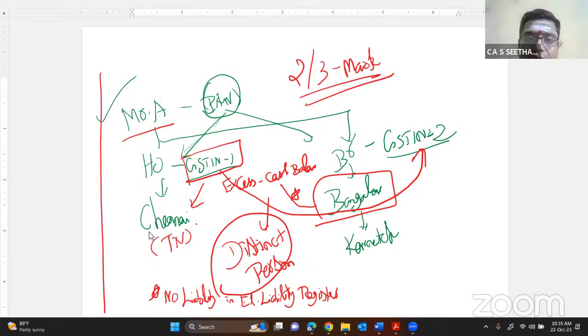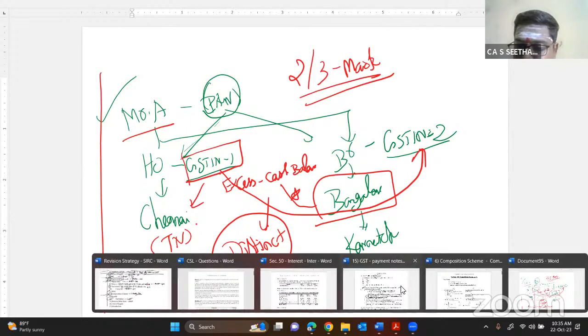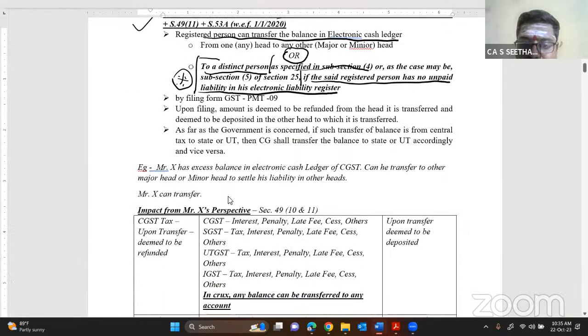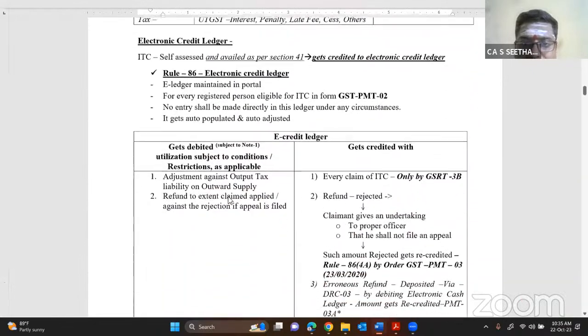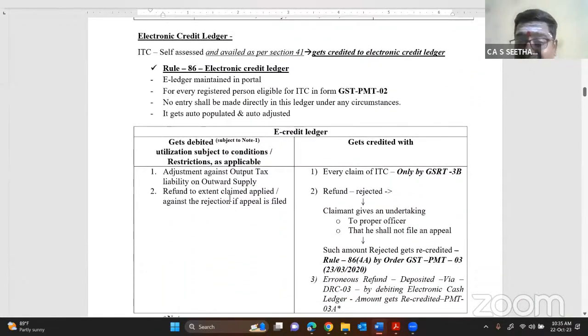I'll take up immediately the next provision. This is a potential question. Next, we are getting to the electronic credit ledger. On the credit side, you will have only availment by way of 3B, remember. Apart from 3B, there is no direct availment, only automatic availment through 3B.